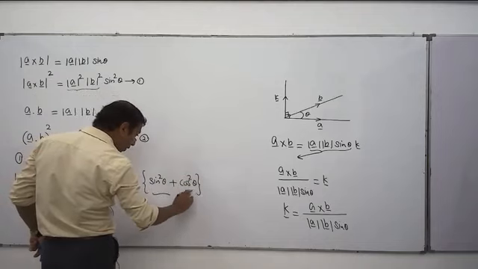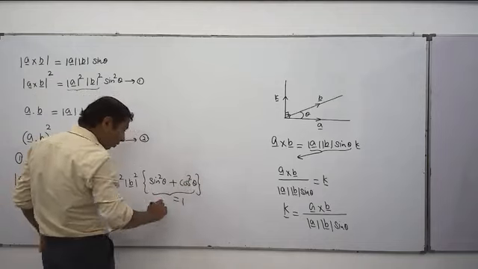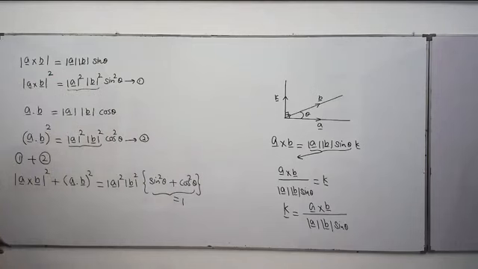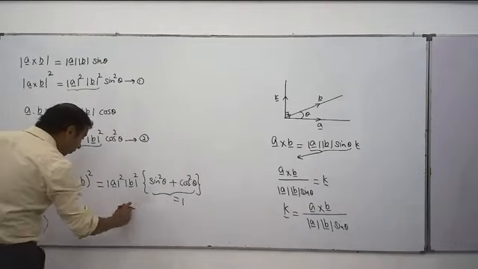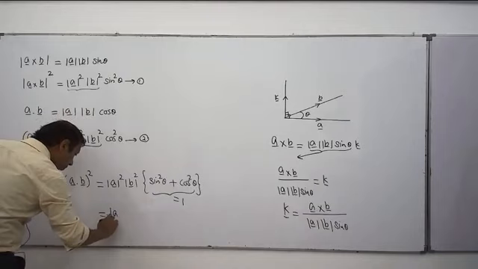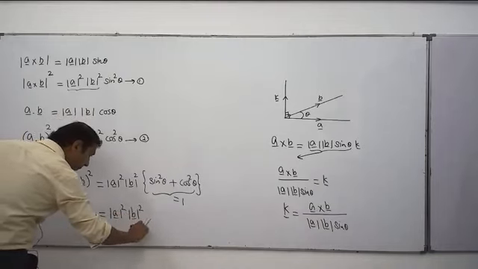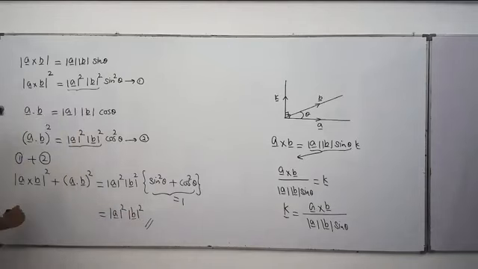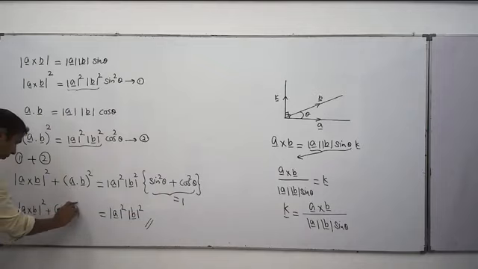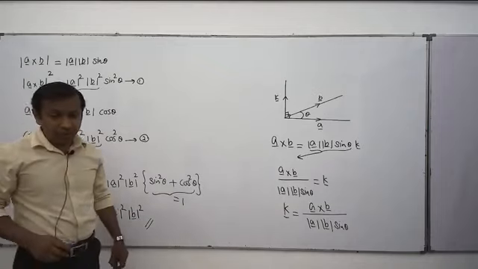But you know sin squared theta plus cos squared theta is 1. Then we get this into 1, which means mod A squared times mod B squared. This is how we get the answer, right? So here we have A cross B modulus squared plus A dot B squared. This way we have, right? Yes.